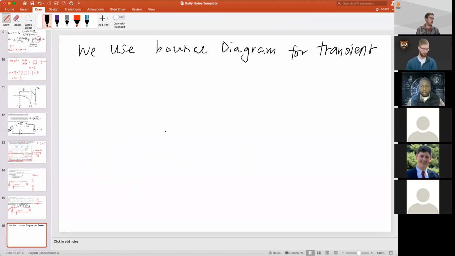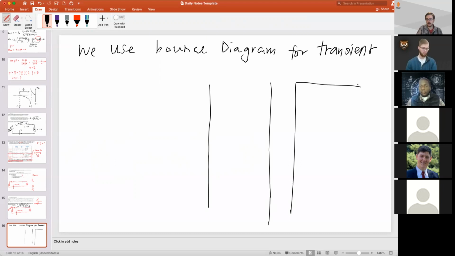We can set this up two ways. We have a voltage here and then a time axis down at the bottom.